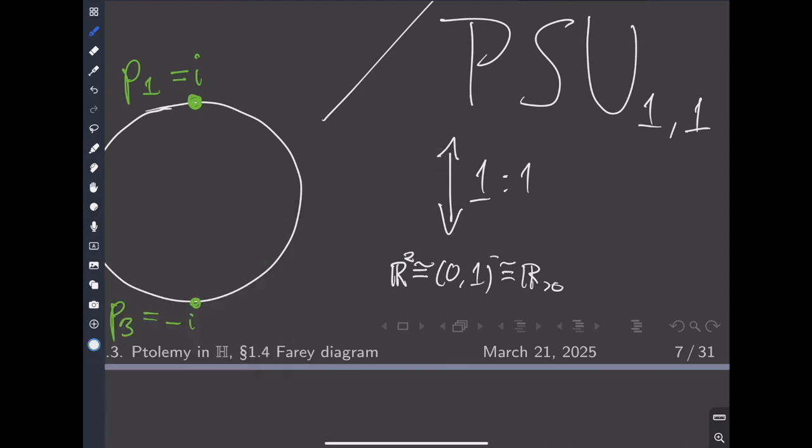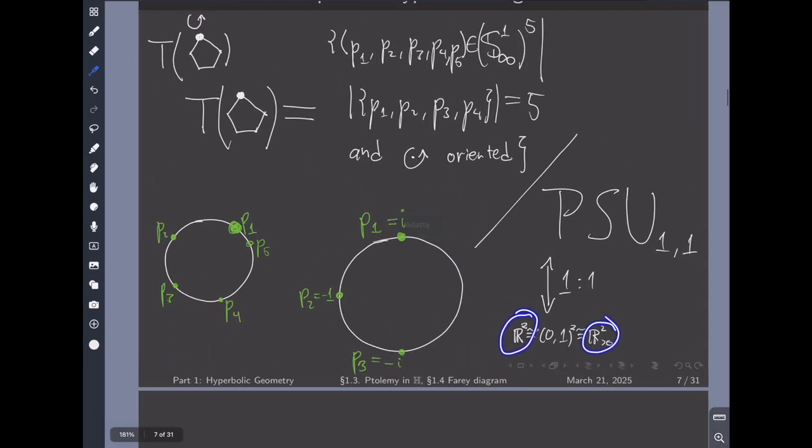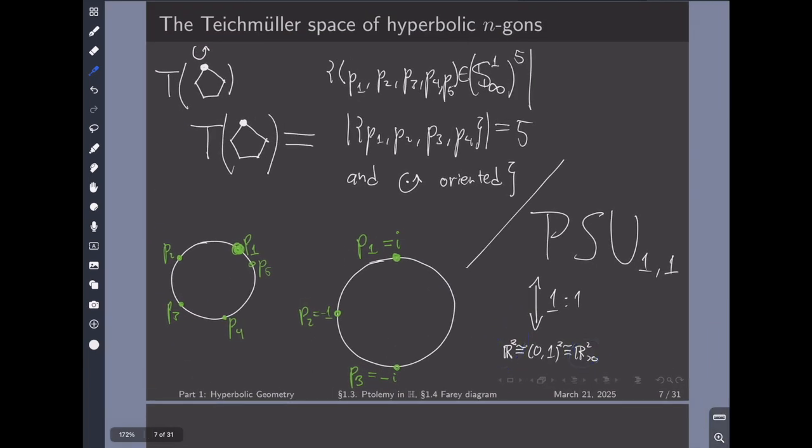Like say for one I take an interval, and for the fifth one I take R positive, whatever. Okay, the point is that now it's a two-dimensional space. And we can see that this dimension 2 is really 5 minus 3, where the 3 comes from the simple transitivity on triples of distinct points.